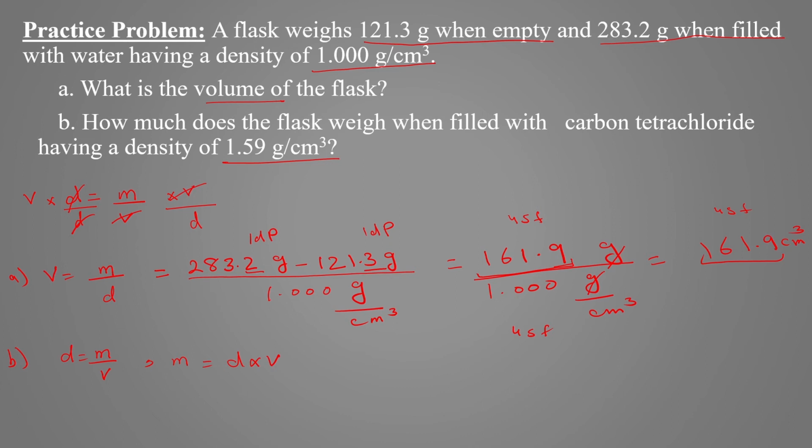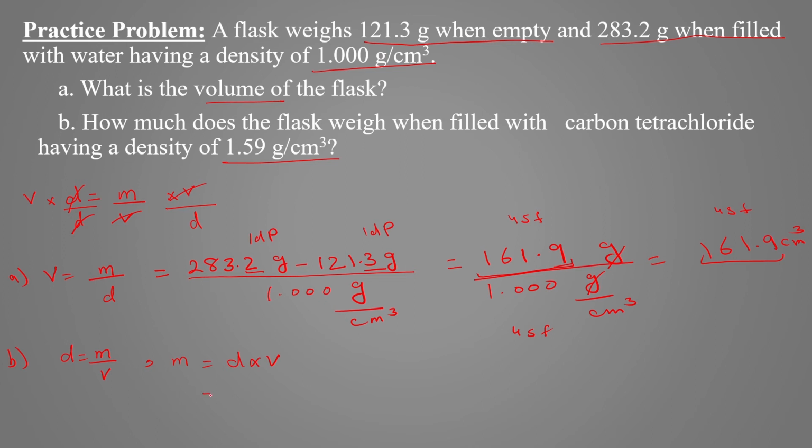The density of carbon tetrachloride is given. What about the volume? This volume that we just found is the volume of the flask, right? And carbon tetrachloride is being filled in this flask. So this volume is actually the volume of the carbon tetrachloride as well, right?